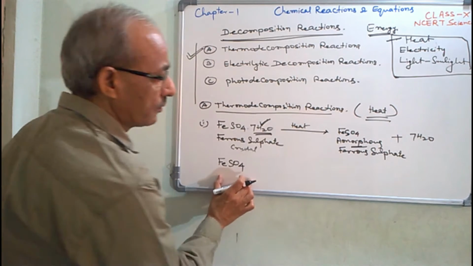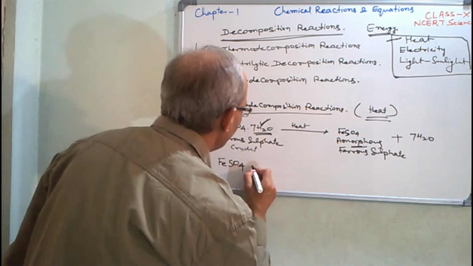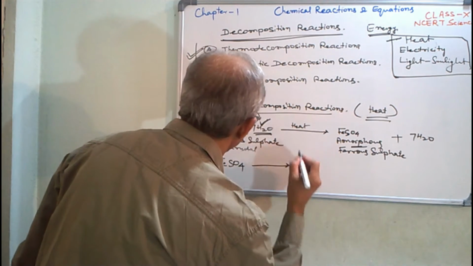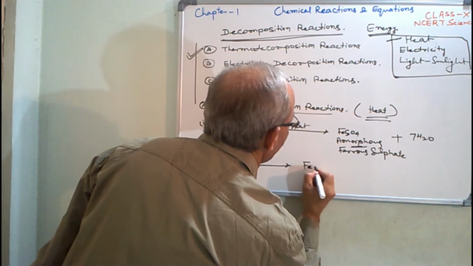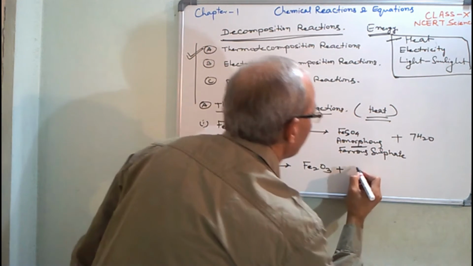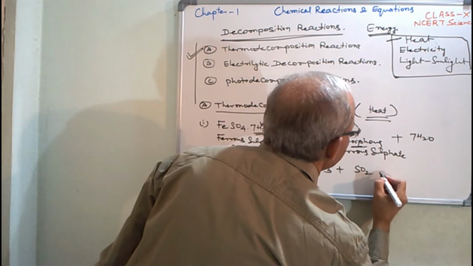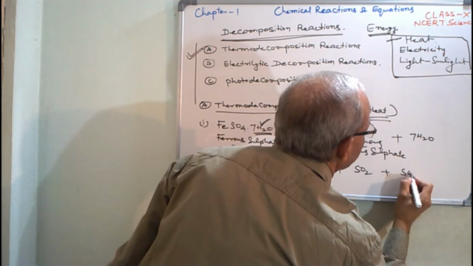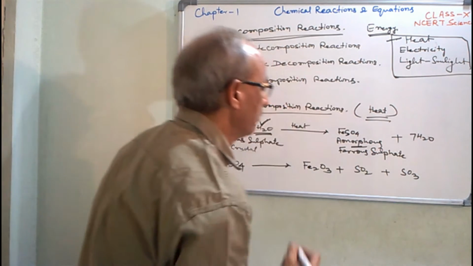This amorphous ferrous sulfate breaks into Fe2O3 plus sulfur dioxide gas and sulfur trioxide gas.